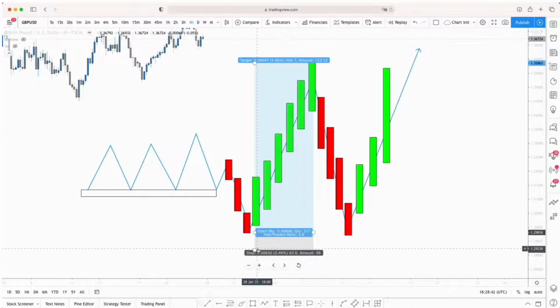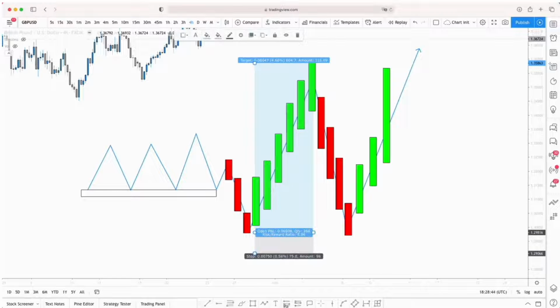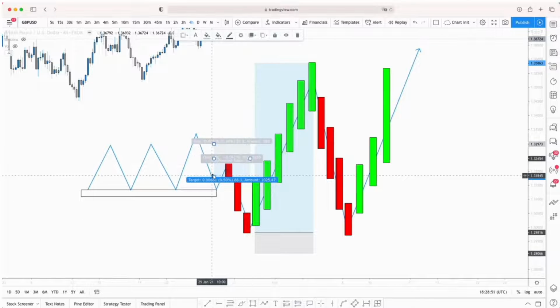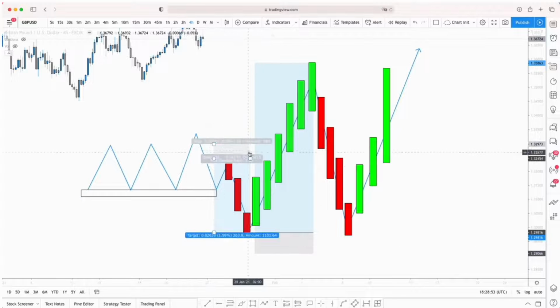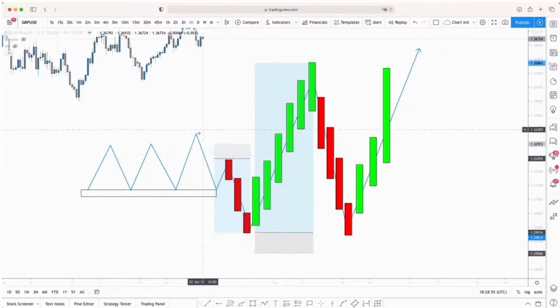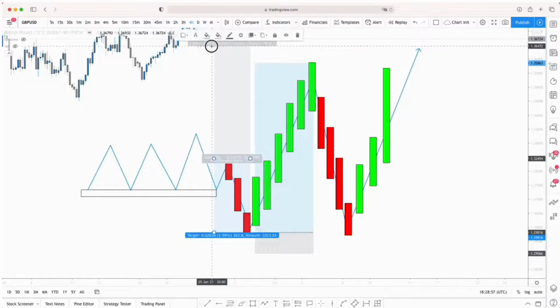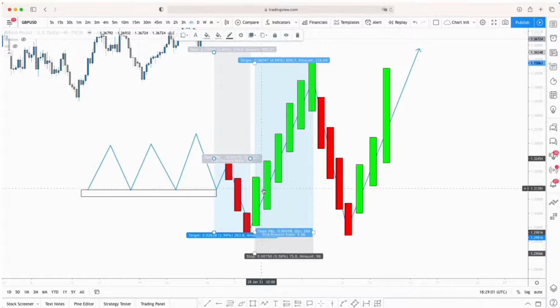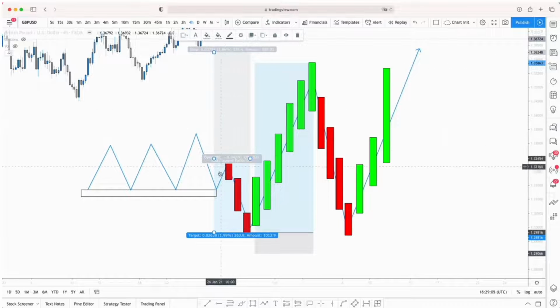Which is fine. But if you think about it from this perspective, they've had to push price down to get there. So they've had to place a sell position to come down, but they don't use stop losses. This doesn't exist. So they are sitting in drawdown once price is up there. Although they're in a profitable trade going up, they're still sitting on drawdown on the first trade.